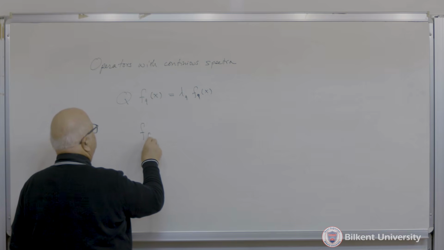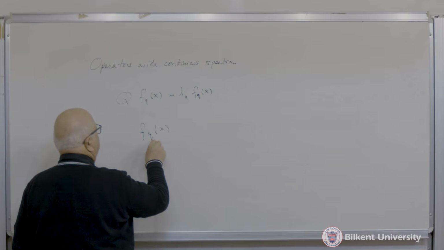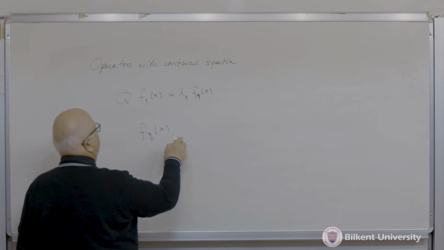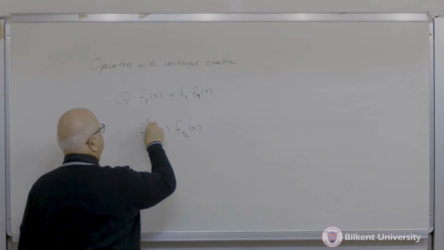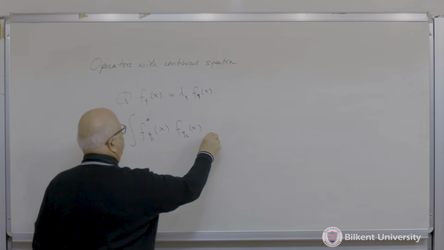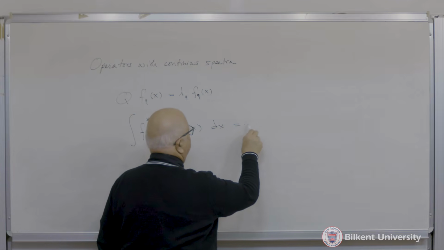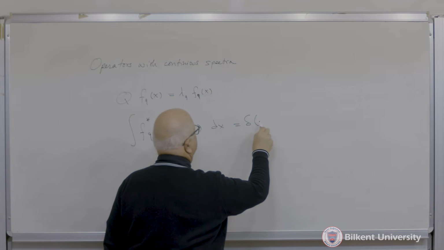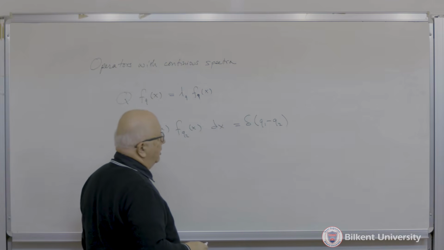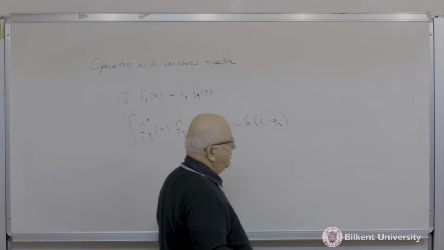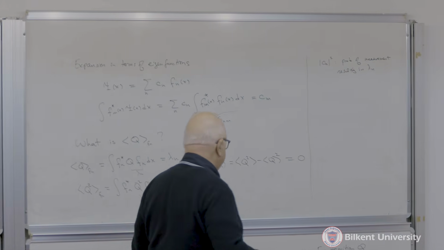Instead of the Kronecker deltas, we are going to get, okay, so if I have some f q1 of x, f q2 of x, if I take the complex conjugate and integrate this over all x, now instead of the Kronecker delta, I get this Dirac delta, q1 minus q2. Okay, and again, the expansions and things of that sort just work out as usual.